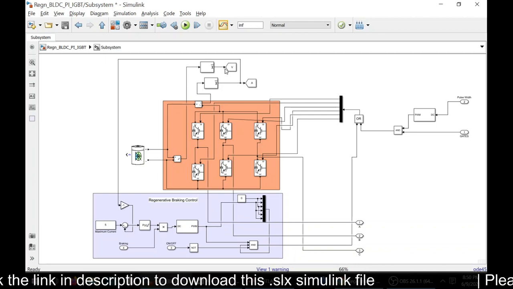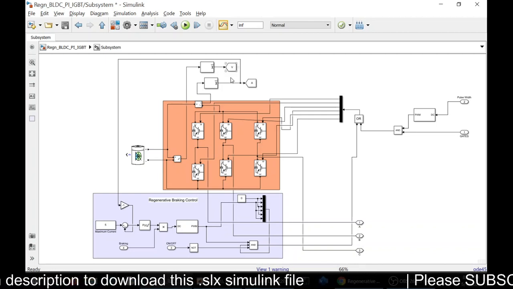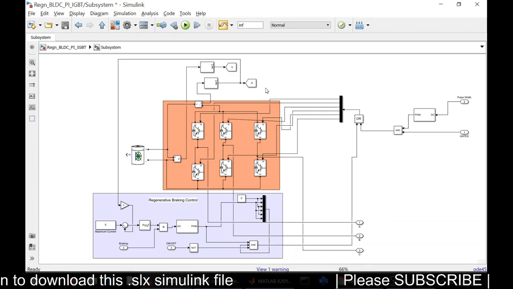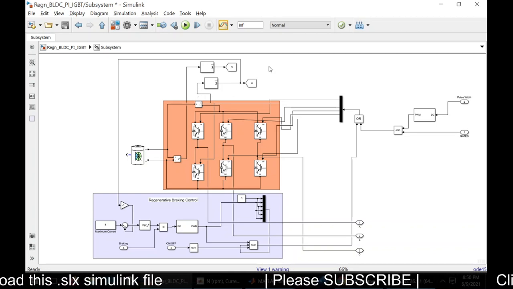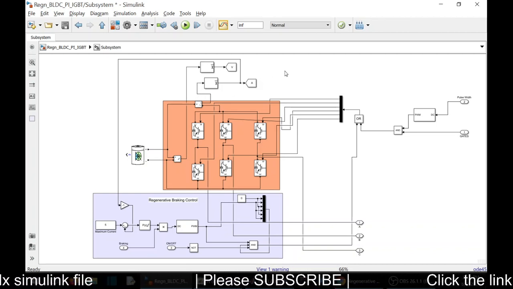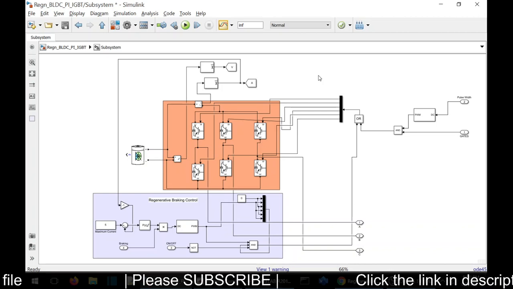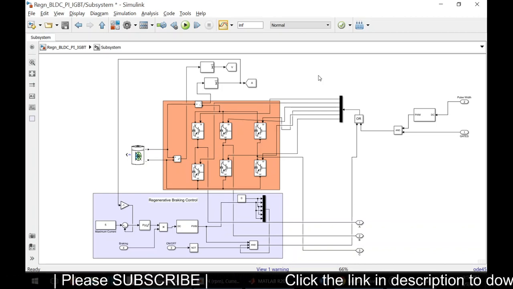And through this leg I am taking out the mean of voltage and current. During the process of regenerative braking, the current will be in a reverse direction, that is, it will be in minus direction.